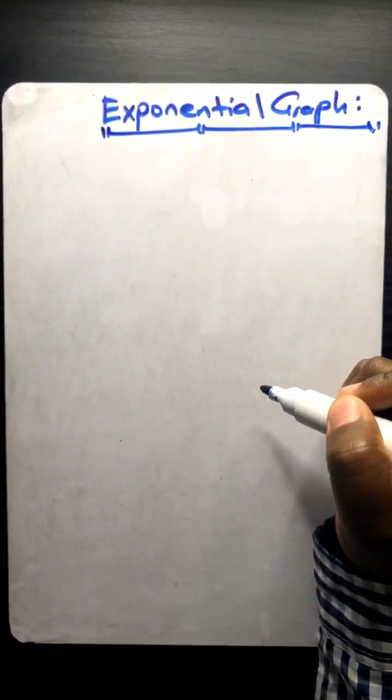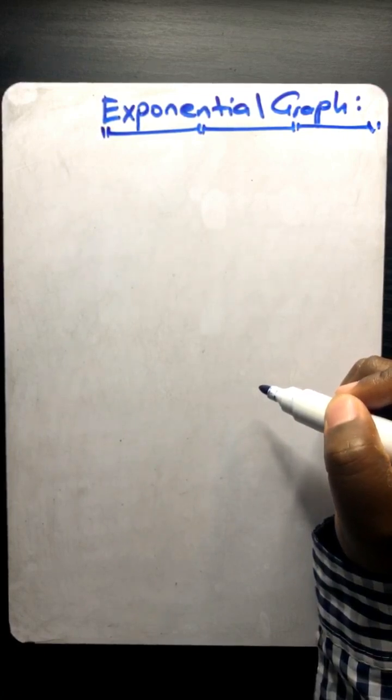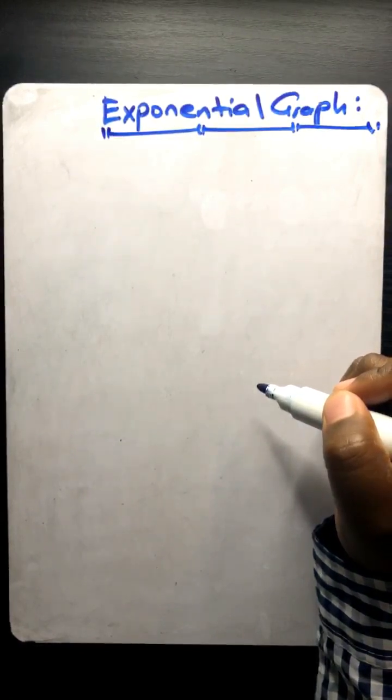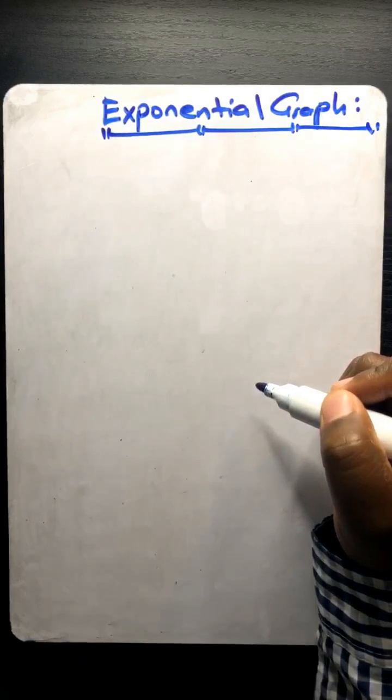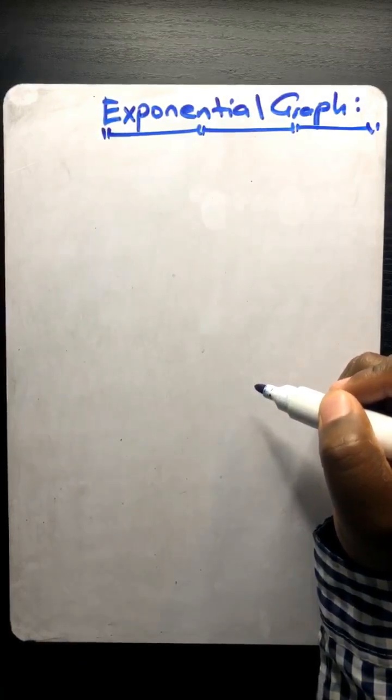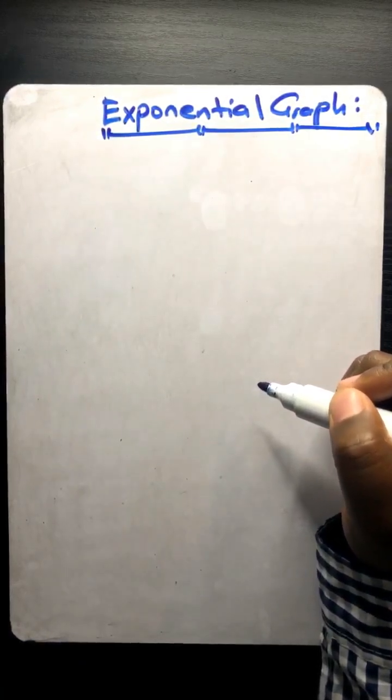As you have seen, I sent a question paper in the group, and we will continue from where we left off in our last lesson. But before we start answering those questions, let me quickly take you through this type of function called an exponential graph.